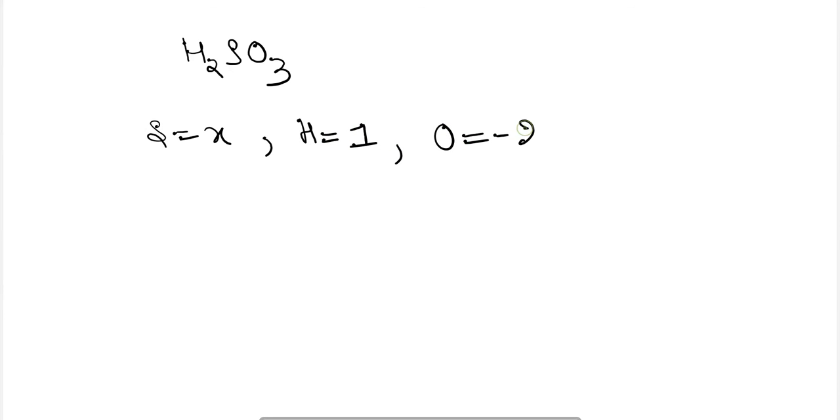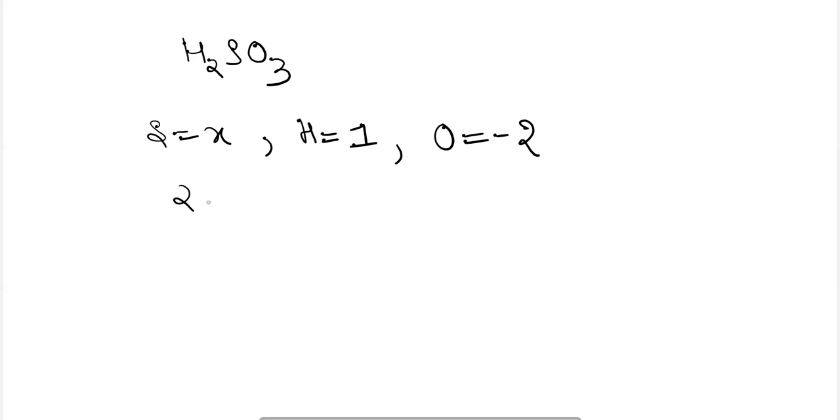First take H2SO3. Here we have to find out the oxidation state for sulfur. Let us take the oxidation state of sulfur as X. We know that hydrogen must be +1 here and oxygen must be -2 here always. The resultant charge on this compound is 0.